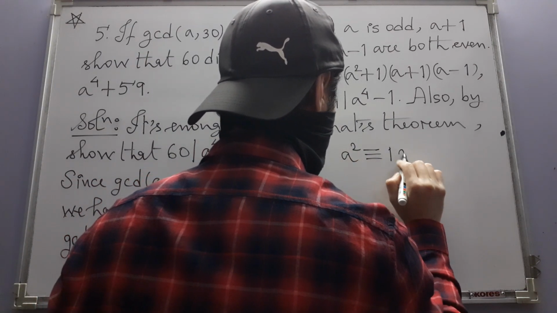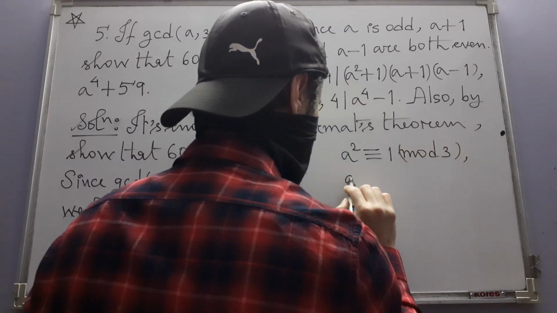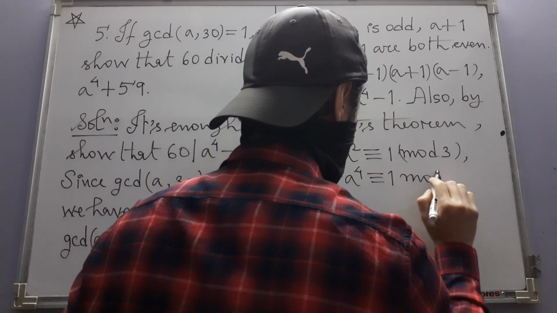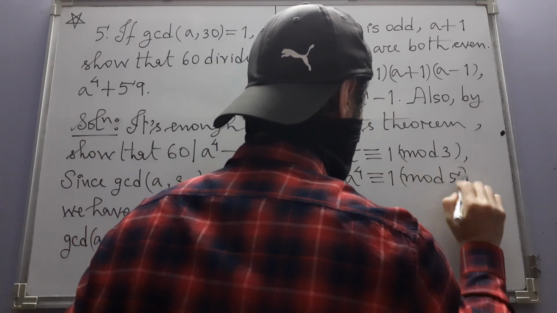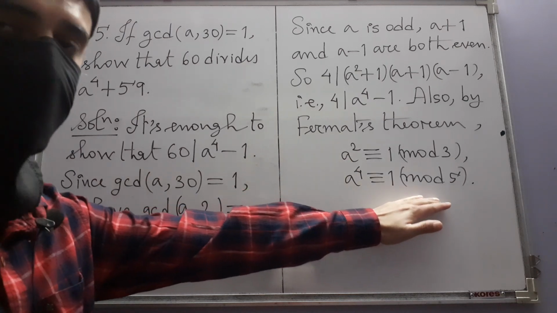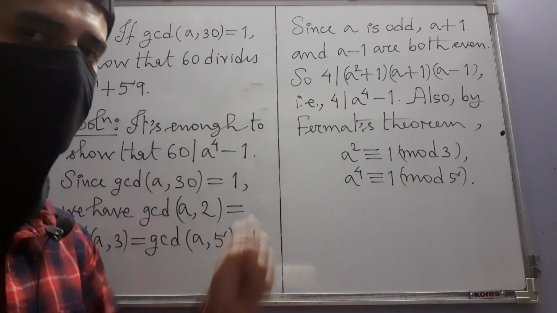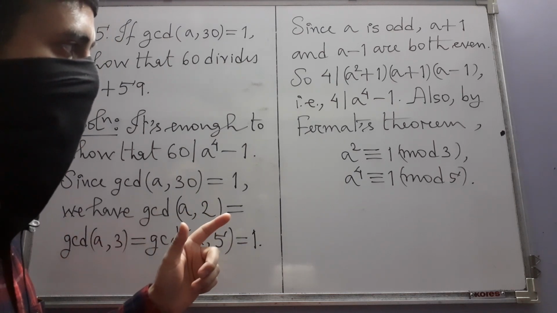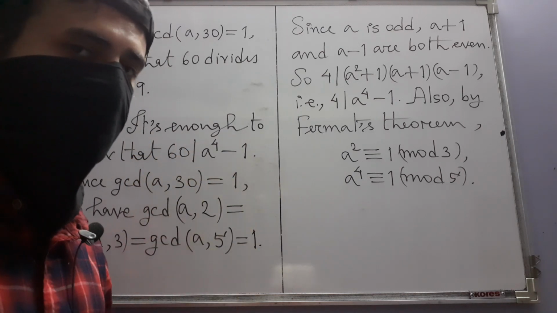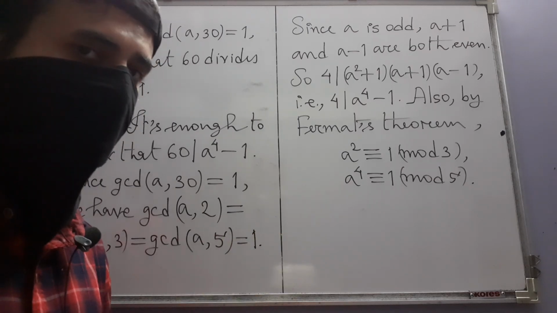A square is congruent to 1 mod 3 and a to the power 4 is congruent to 1 mod 5. Do you see the difference between the congruences we are getting here from Fermat's theorem and the ones we got in the previous exercise solution? That's because that is not actually the statement of Fermat's theorem, but the consequence of that, which works for all integers.